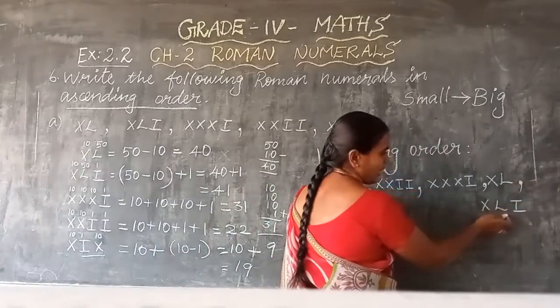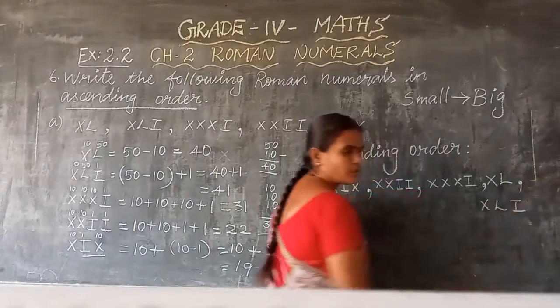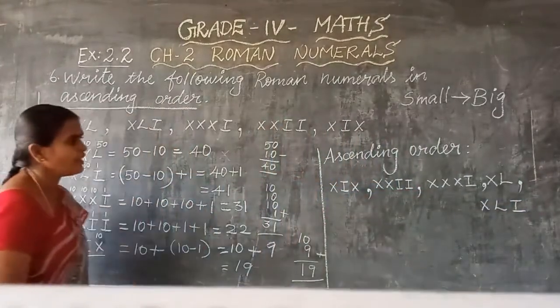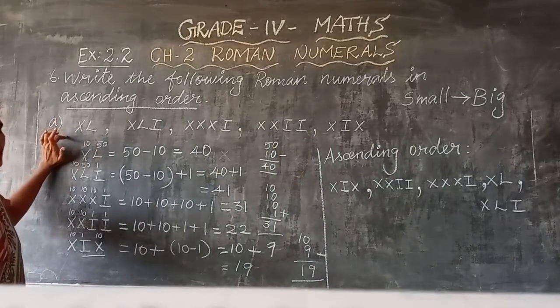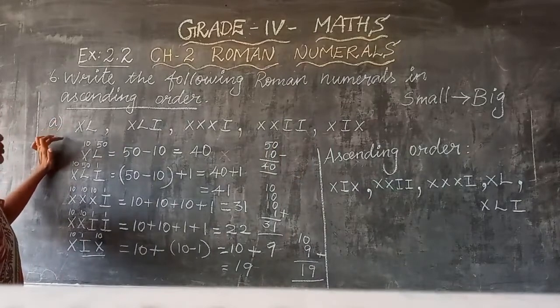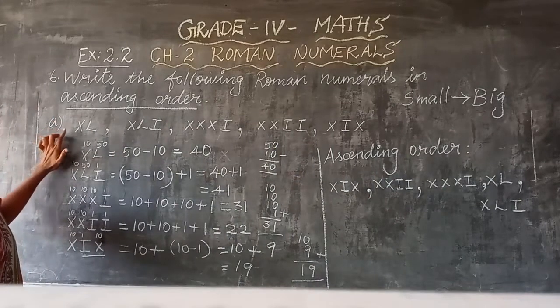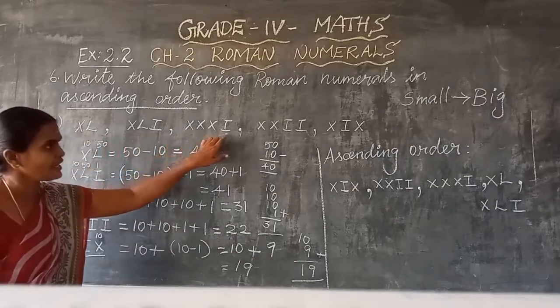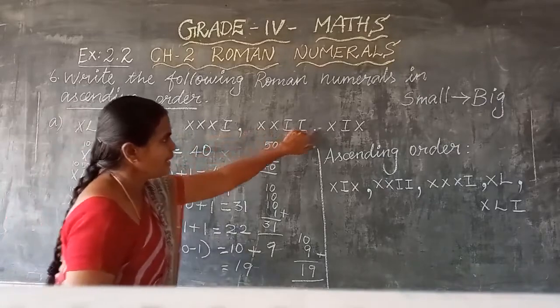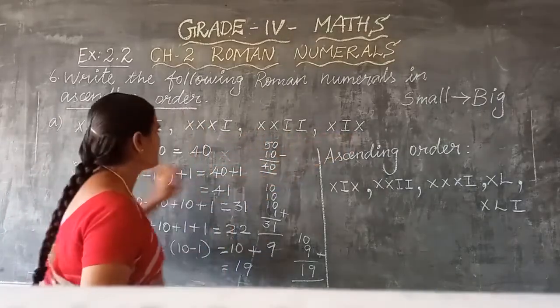No space, you write continuous. Okay. So see here. Ascending order means small number to big number. So XL, XLI, XXXI, XXII, XIX.